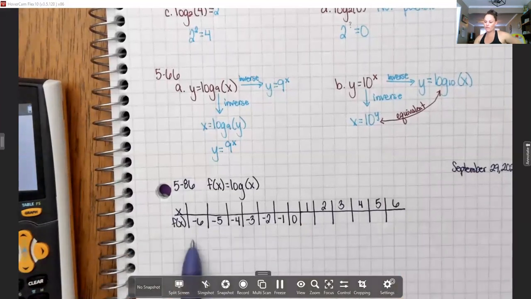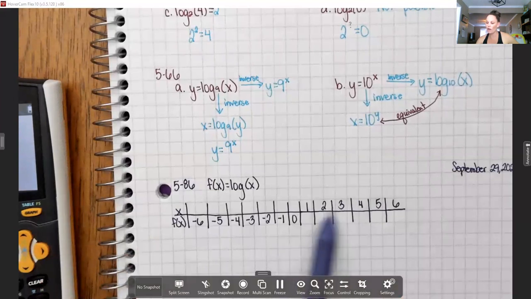So they give us from -6 to 0 for y's that they want us to fill in, and 1 to 6 for x's.